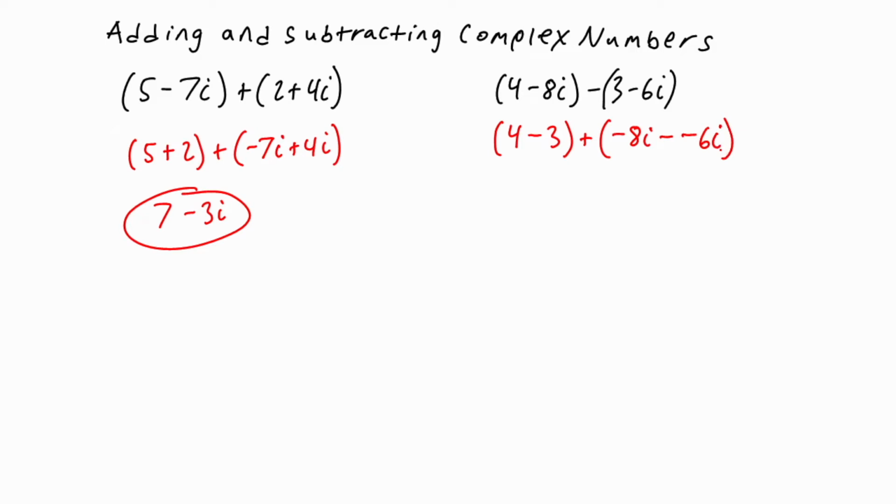So for the reals, 4 minus 3 is 1. And for the imaginary part, we have negative 8i minus negative 6i. Well, we're subtracting a negative, so that's the same thing as adding a positive. And so now this is negative 8i plus 6i, which will give us negative 2i. And so the answer is 1 minus 2i.